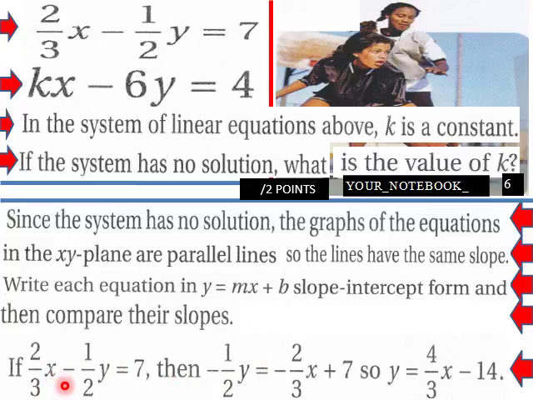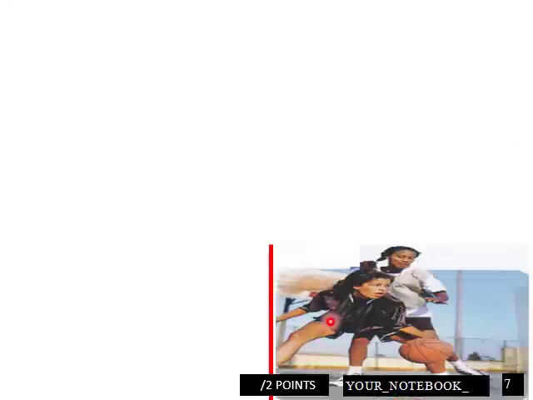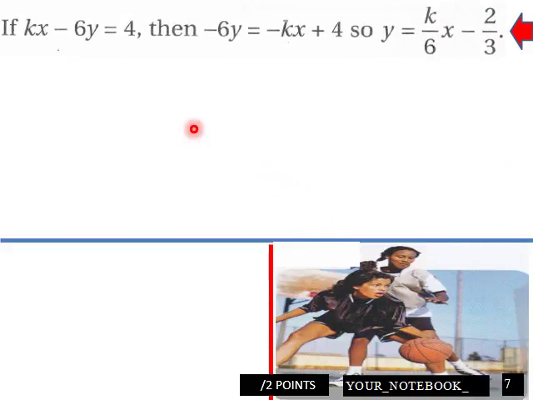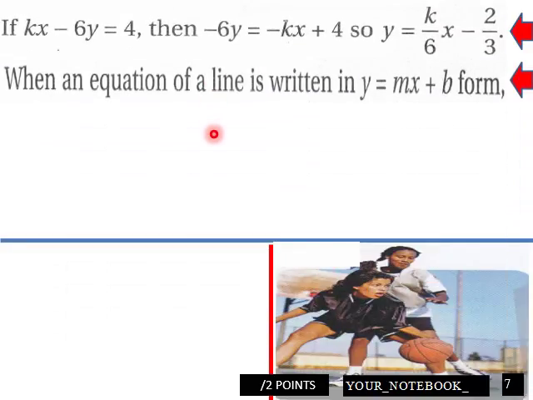If 2/3 x minus 1/2 y equals 7, then negative 1/2 y equals negative 2/3 x plus 7, so y equals 4/3 x minus 14. That's the one put into slope-intercept form.